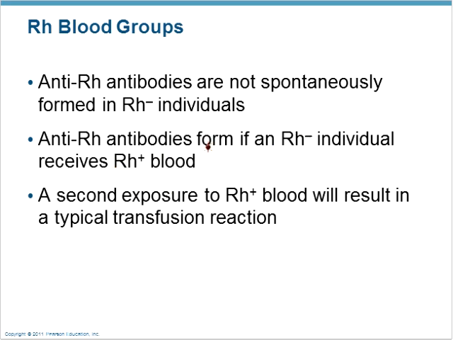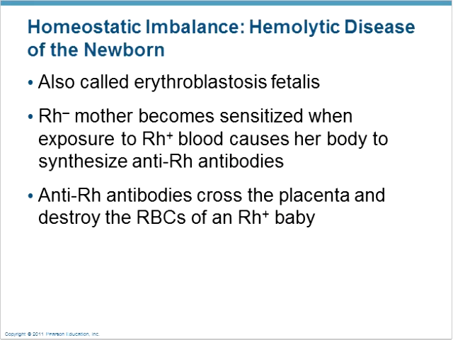Unless you're Rh negative and you receive Rh positive blood or come in contact with that, you don't produce any antibodies. Basically, you produce the antibodies the first time. So if you have Rh negative blood, your body produces anti-Rh. If you get that blood again for some reason, it results in a transfusion reaction.